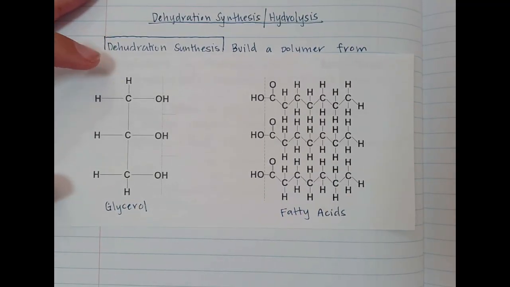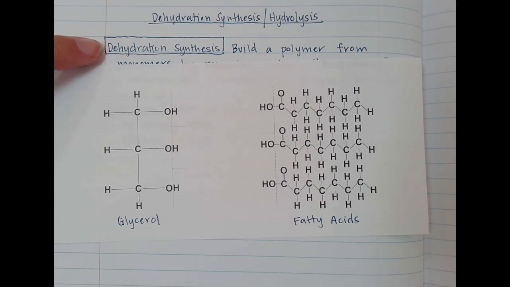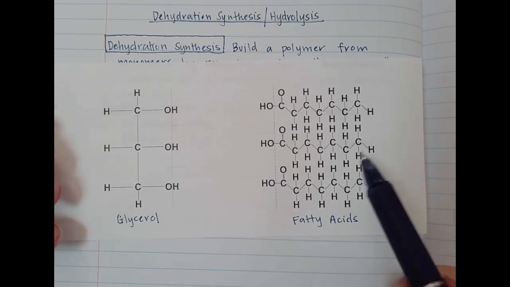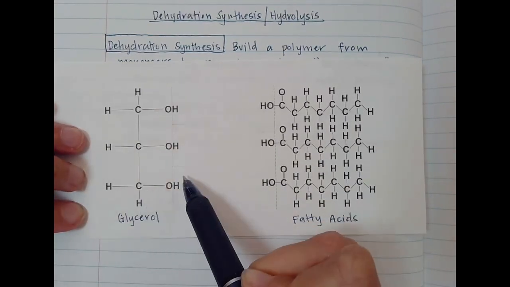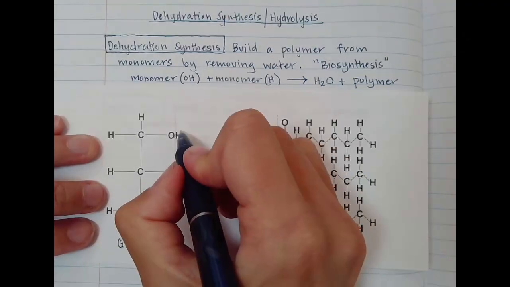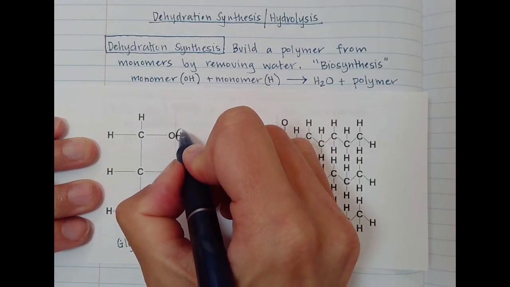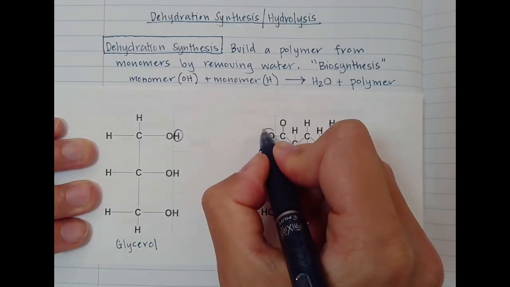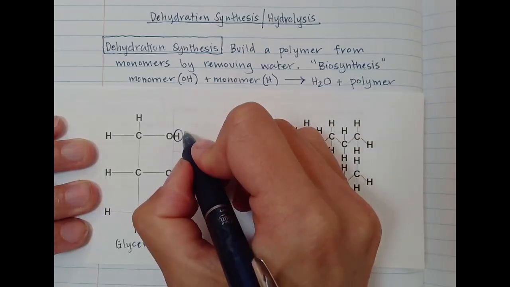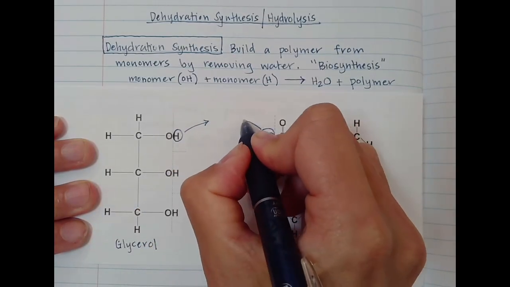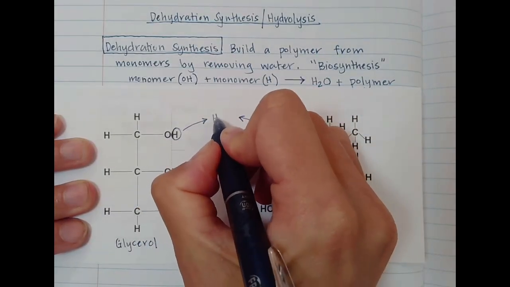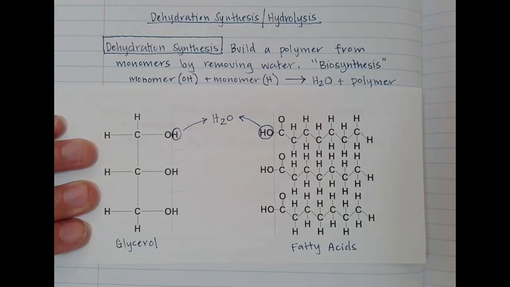When these bind together, we're going to do a dehydration synthesis. So we're going to take these monomers here and this monomer here, and we're going to bind them together. To do that, we need one of my monomers to lose an H, and one of them to lose an OH. And when that H and that OH are removed, you end up with a molecule of water.